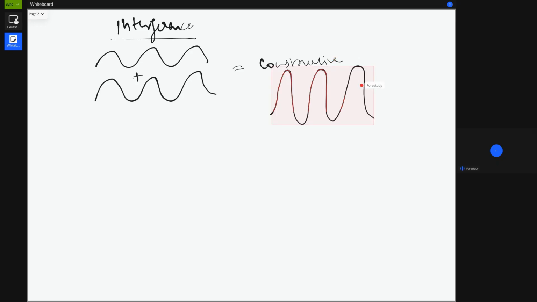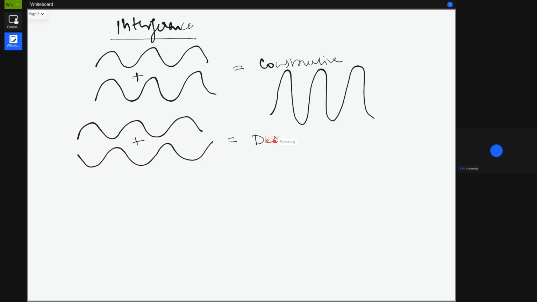Amplitude will be much higher. Similarly, when there is a shift in the two X-rays, this will have destructive interference. So the amplitude will be lower, or diminished. This is the amplitude. Diminished amplitude for destructive interference and enhanced amplitude for constructive interference. So this will happen in X-rays.